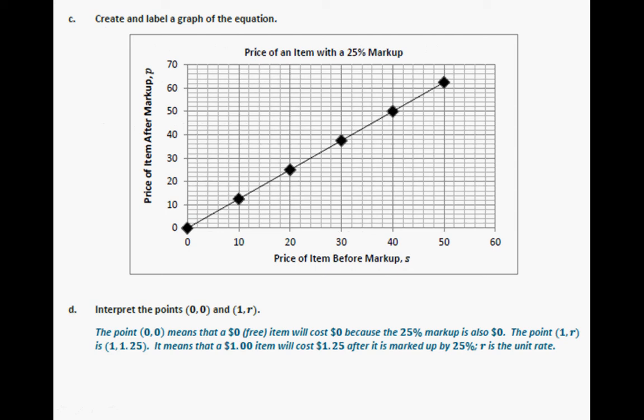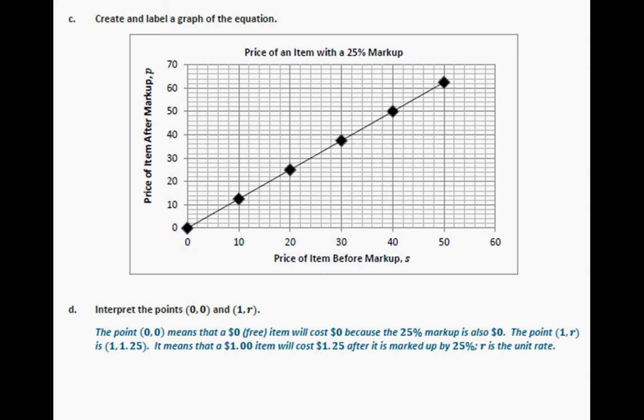When you create and graph the equation, you have a proportional equation that should look similar. Your points might be in a different place, but you should still have a straight line. So interpret the points (0, 0) and (1, r), which should sound familiar because we did this in Unit 1. So point (0, 0) means that $0 or a free item will cost $0 because the 25% markup is also $0.